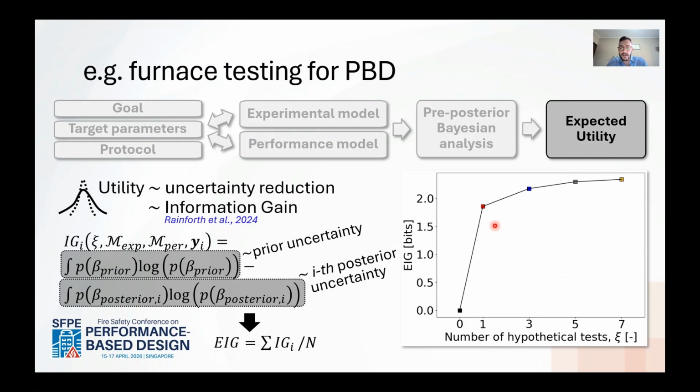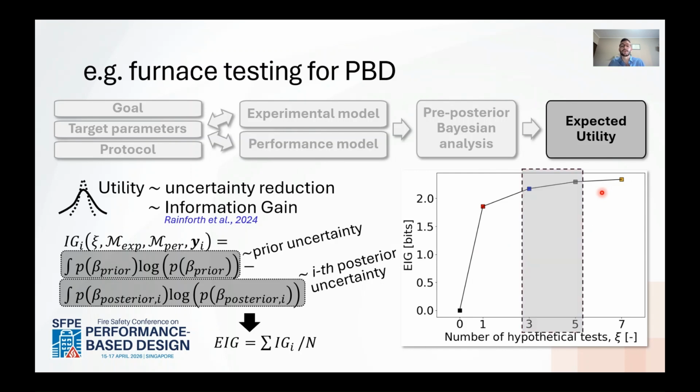Second observation is that the expected information gain first increases and then tends to plateau, meaning that early experiments are more informative than later experiments, and that from an information theoretic perspective, it doesn't make much sense to go beyond the point where the expected information gain actually plateaus.